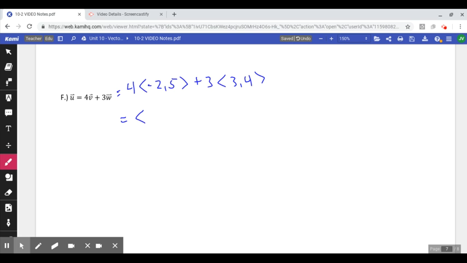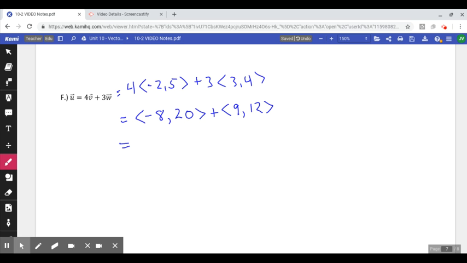So we want to do the multiplication part first for each one of these, and we can do it at the same time. So 4 times the x and the y component of vector v, 4 times -2 is -8. And then 4 times 5 is 20. Then we'll distribute the 3, or multiply the vector 3, 4 by 3, I should say. And so 3 times 3 is 9, and then 3 times 4 is 12.